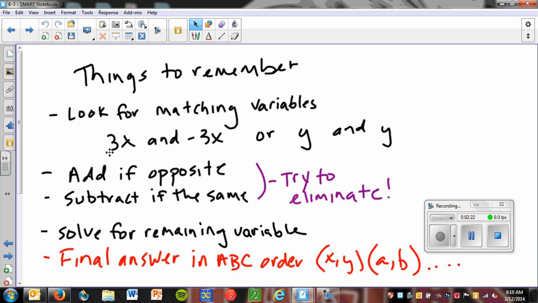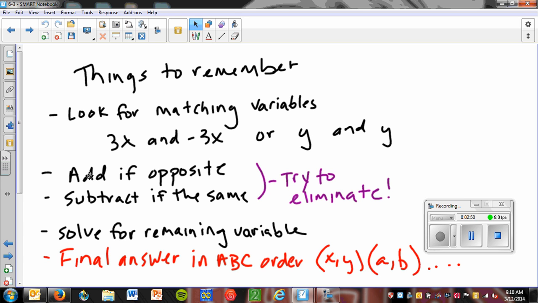And 3, they had to have the same coefficient, but I didn't care if it was positive, negative, positive, positive, negative, negative. As long as this digit and this digit are the same, we have our matching variables. So 3x and -3x I consider matching. 1y and 1y, because remember, if there's no number there, it's just a 1, I consider those matching.